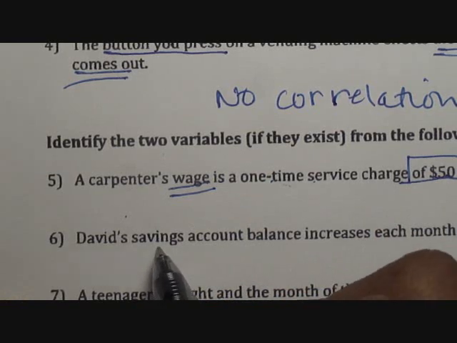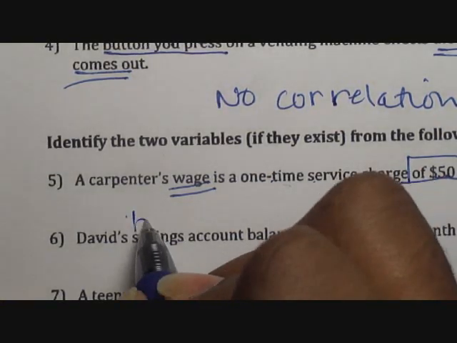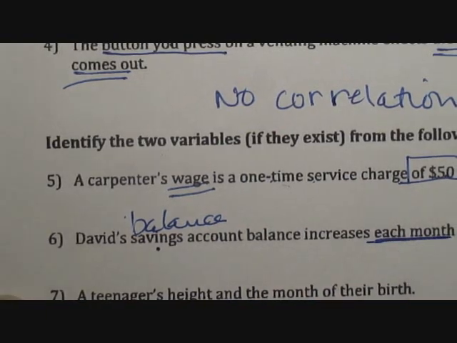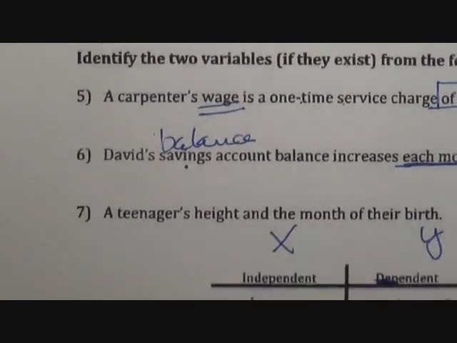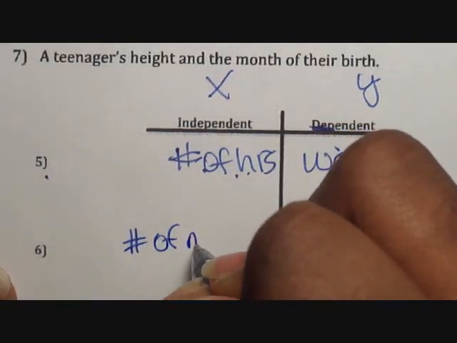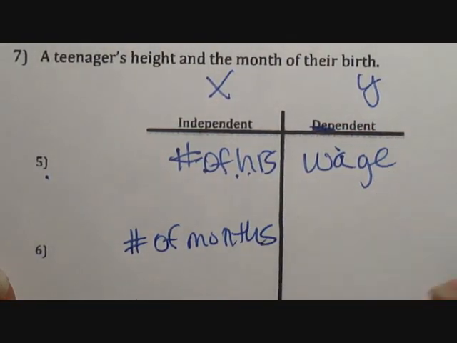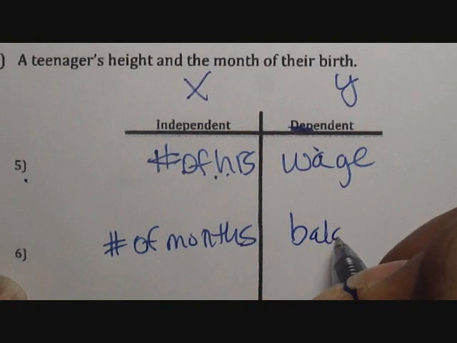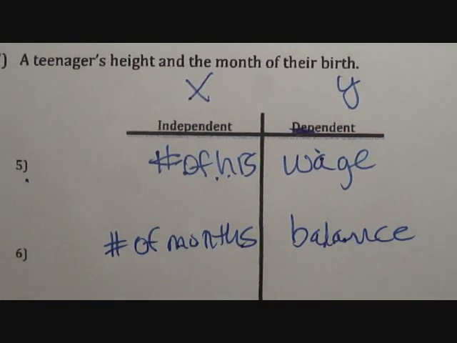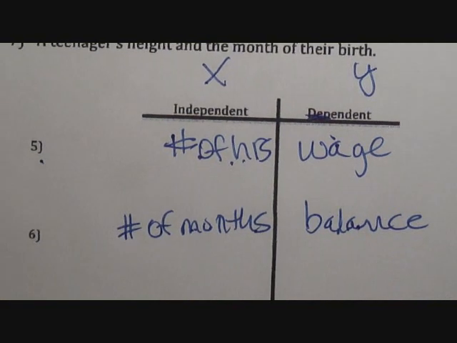So we have his balance in his savings account, but we can't know the balance until we see how much he's saving each month. So it's the number of months and the balance. His balance will depend on the number of months that he deposits money into the account.